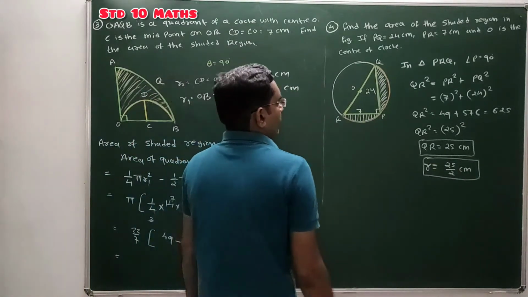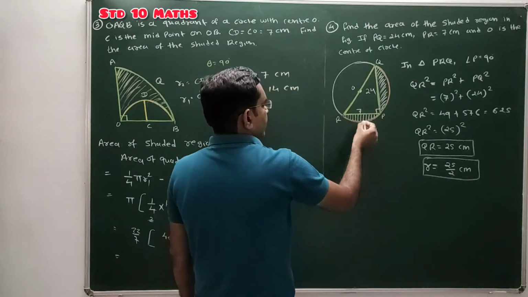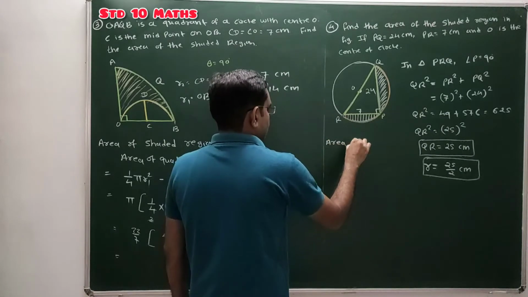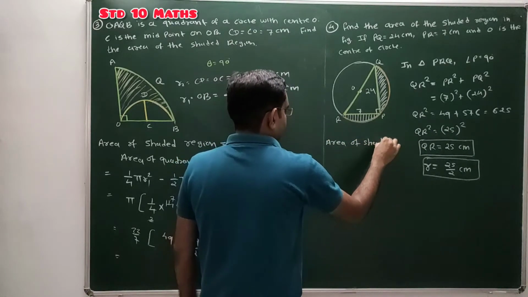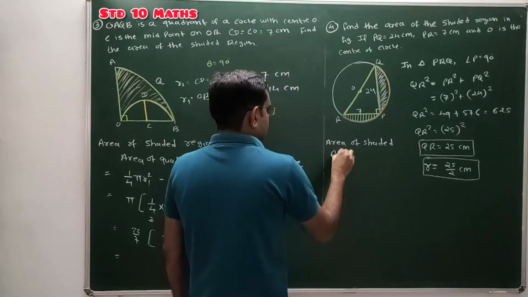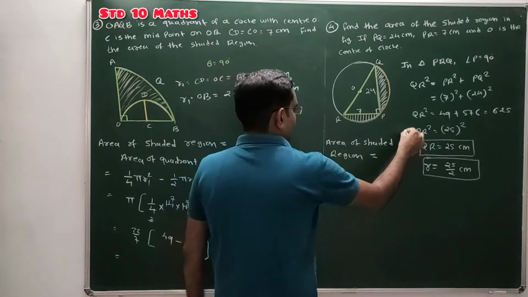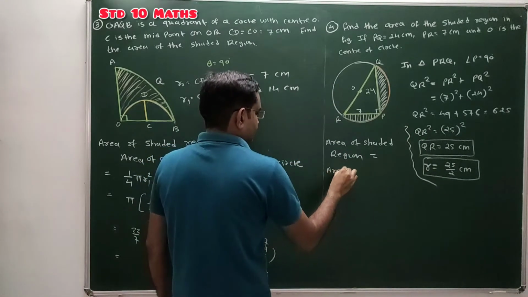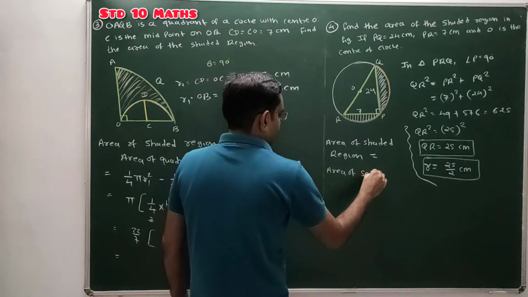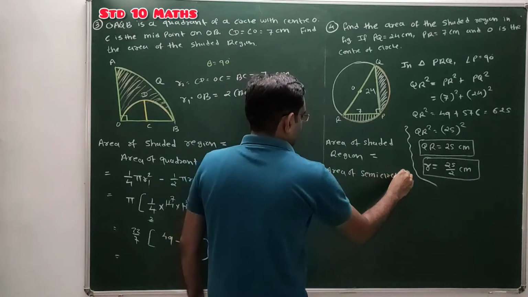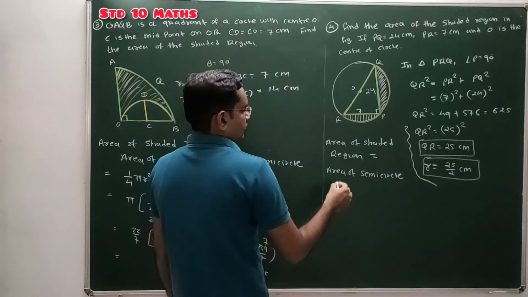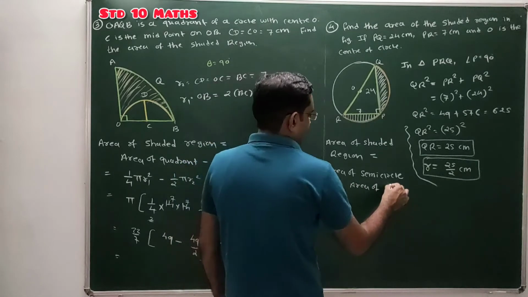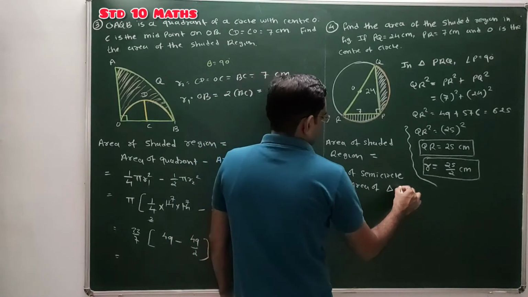So now we can find the area of this semicircle and subtract the area of this right angle triangle. So area of shaded region is equal to area of semicircle minus area of right angle triangle PRQ.